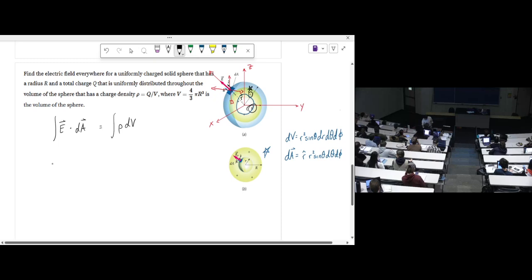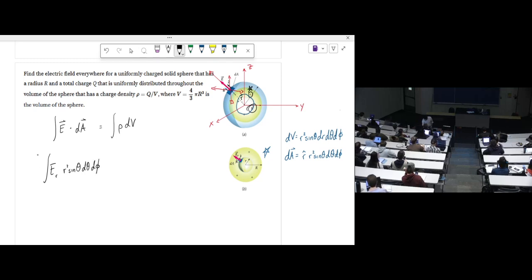So my integrals become E sub r times r squared sine theta, oops, not sine squared theta, d theta d phi, where again theta goes from 0 to pi, and phi goes from 0 to 2 pi.